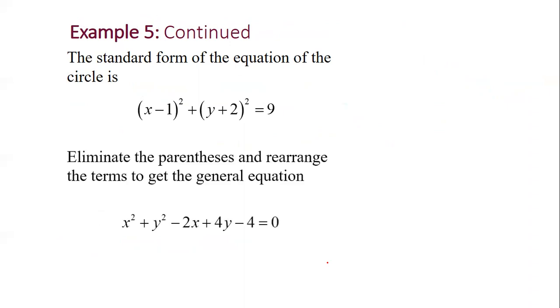Which means that if I wanted to then go to full general form, I would go through and eliminate parentheses by using FOIL and combine like terms and make sure that one side is equal to 0.